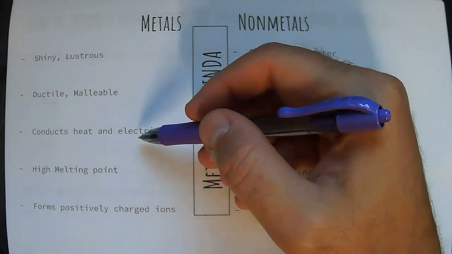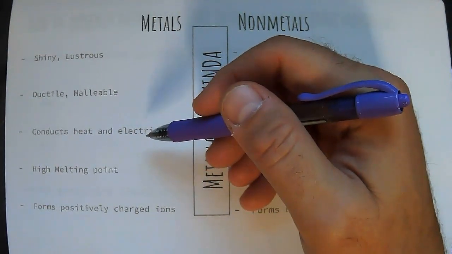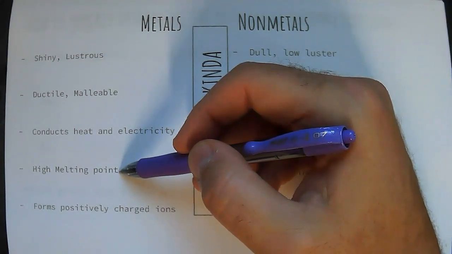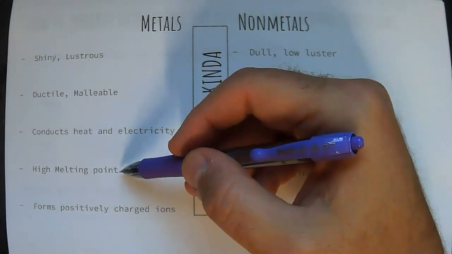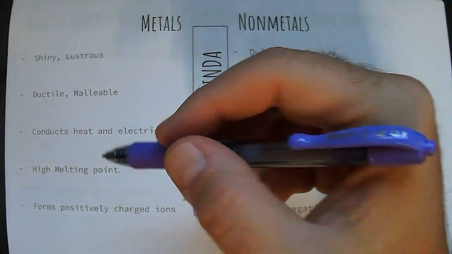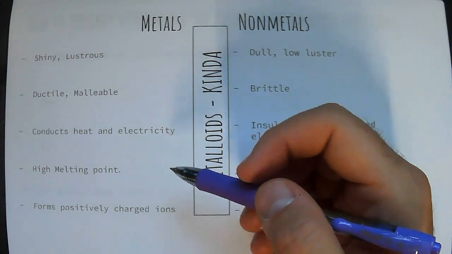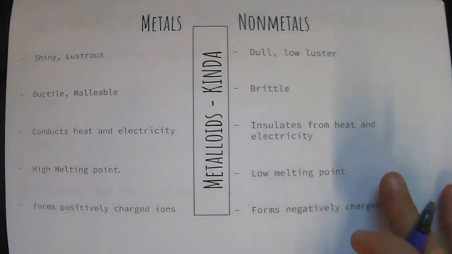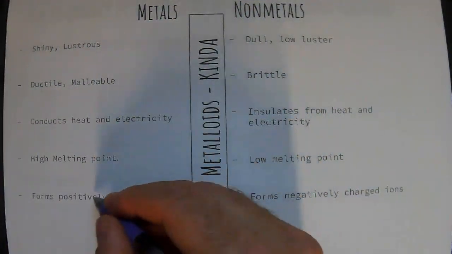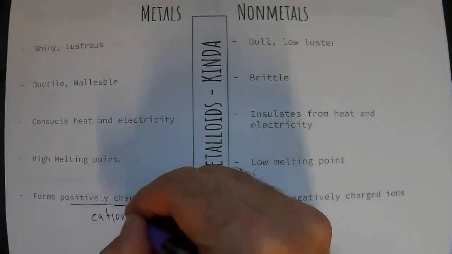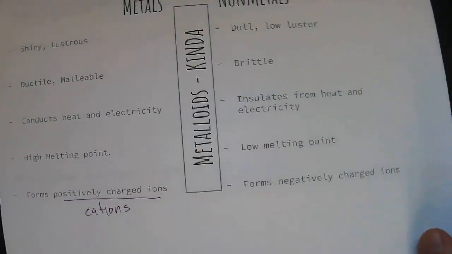That's why metals are made out of wire. They have a high melting point. Metals typically will melt at very high temperatures, like tungsten melts at like 6,000 degrees or something like that. They also form positively charged ions, and remember, positively charged ions are called cations.